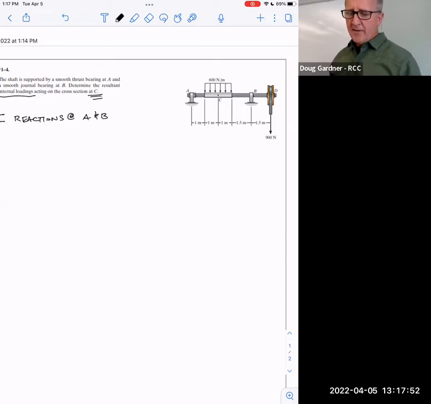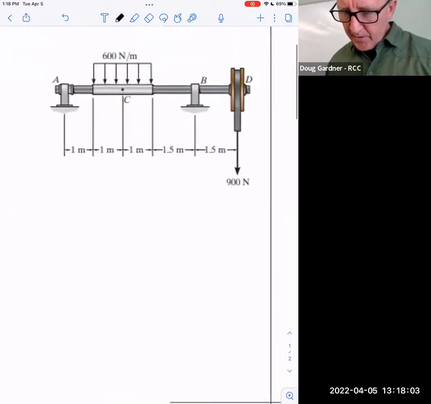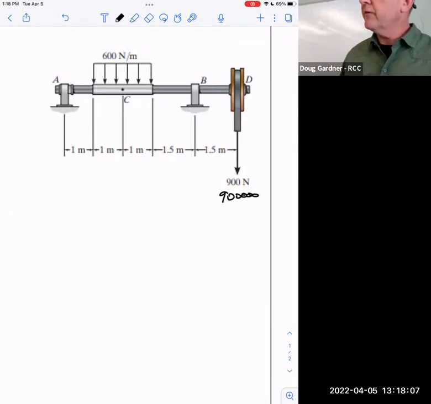Now, is it automatic that A and B are pushing up? Are they both pushing up? Maybe is the answer. Watch this in this picture up here. If this wasn't 900, but it was like 900,000 or something like that, can you appreciate what would happen is this would want to fly up over here? Because it would pivot over this and fly up in the air, in which case this force would actually be down.